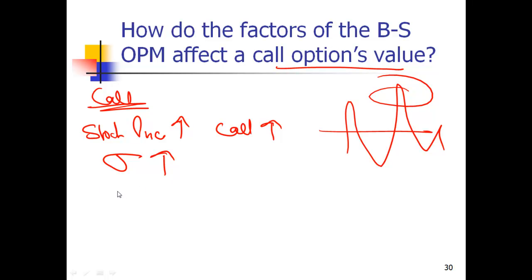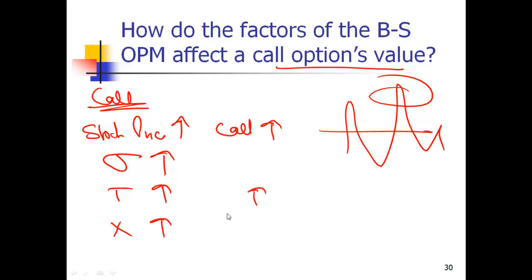What if the time to maturity is more? Two options similar, except one has a higher time to maturity, the other has a lower time to maturity. So the call option will have more value. What about the exercise price? If the exercise price is higher, will a call option be worth more or less?